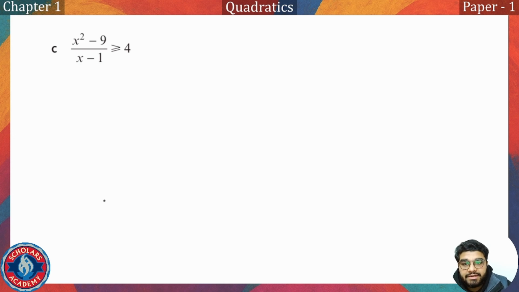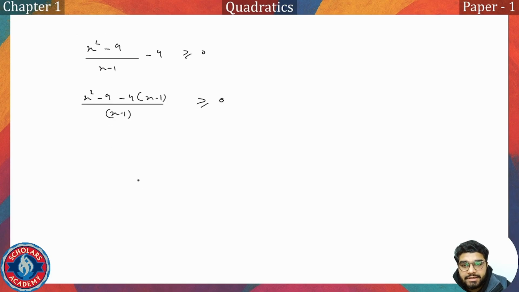Now, if we simplify it, we get (x² − 9)/(x − 1) − 4 ≥ 0. If I take the LCM over here, (x² − 9 − 4(x − 1))/(x − 1) ≥ 0, right?